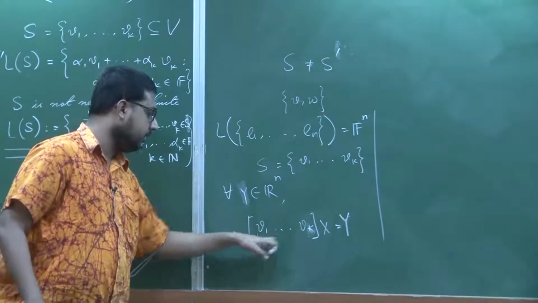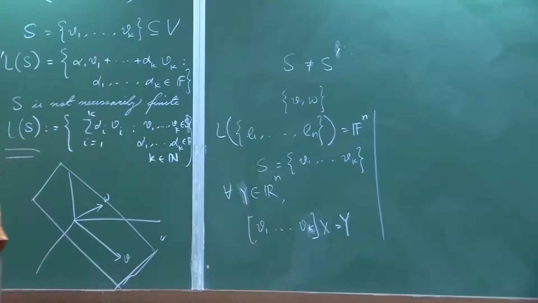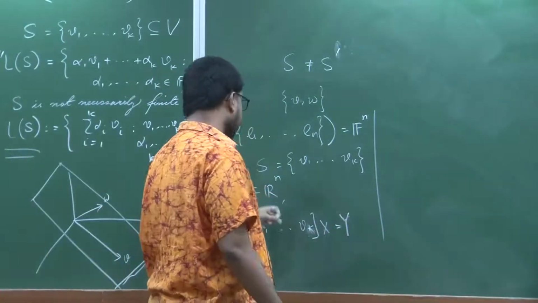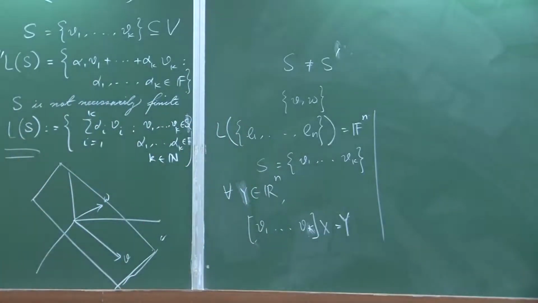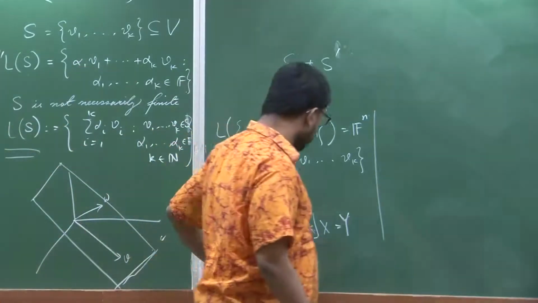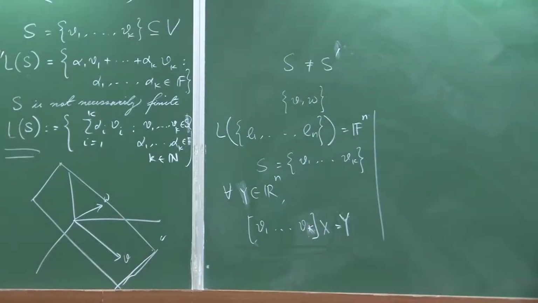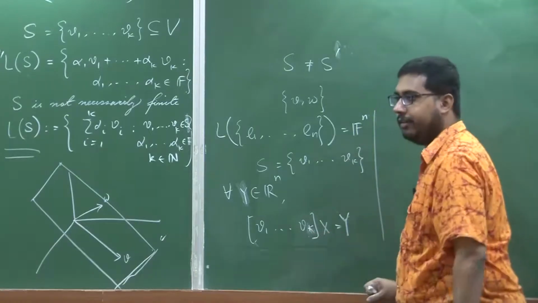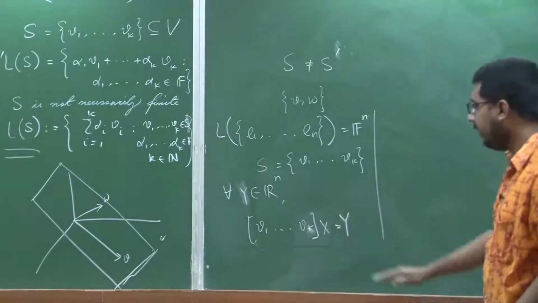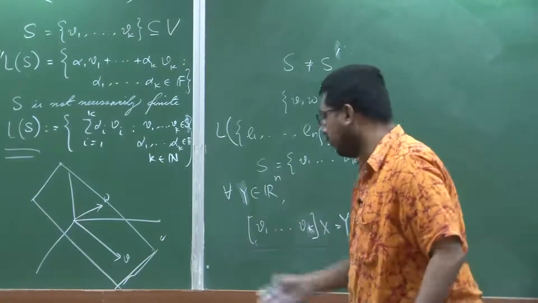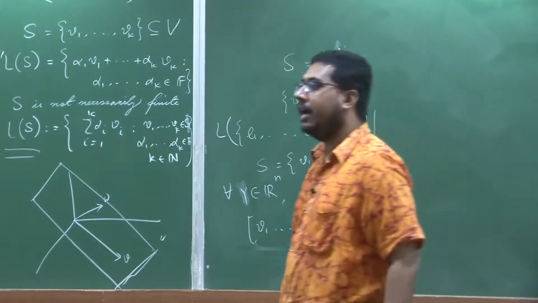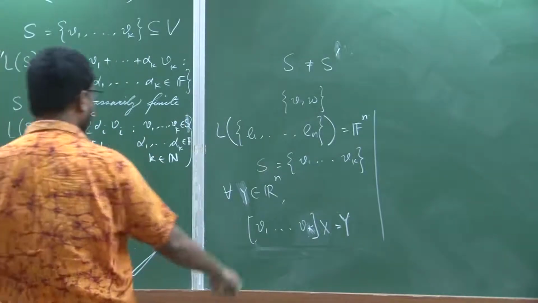Remember, this matrix is the one whose columns are V1, V2, Vk. So, S will span Fn if for every y there is a solution. When does that happen? We can immediately see that it will happen if the matrix V1, V2, Vk happens to be an invertible matrix of order n. Later on we will show that this is sufficient too.